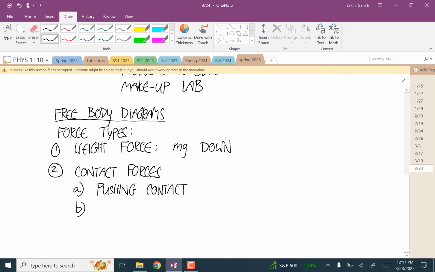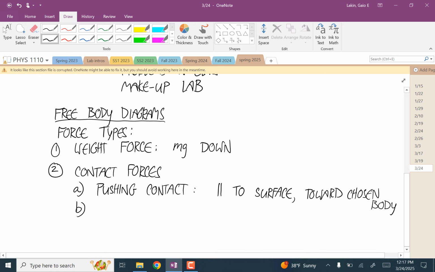The second one, and for pushing contact, remember that is parallel to the surface toward the chosen body. Do you mean perpendicular to the surface?